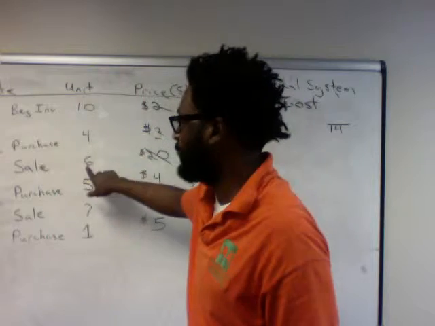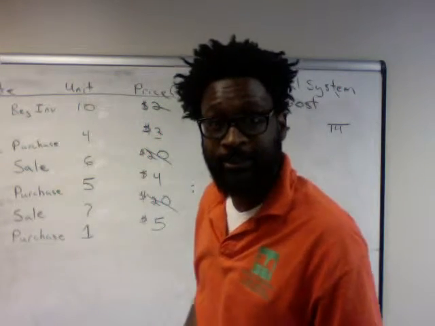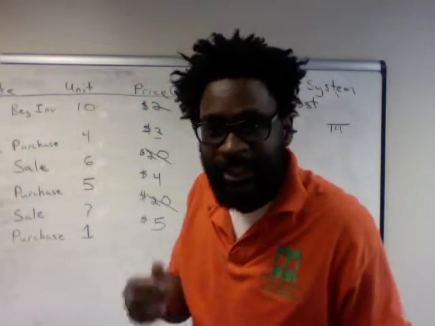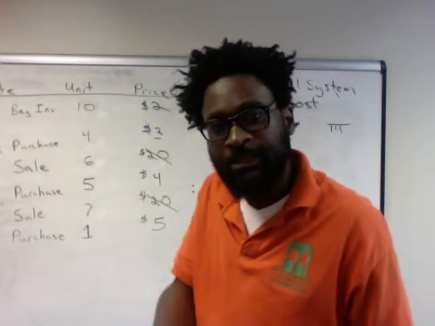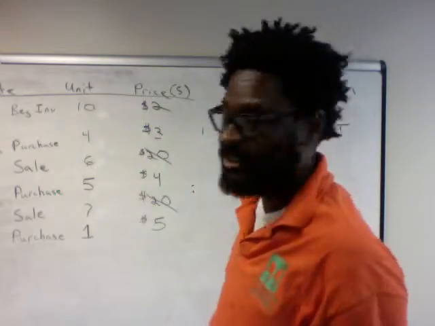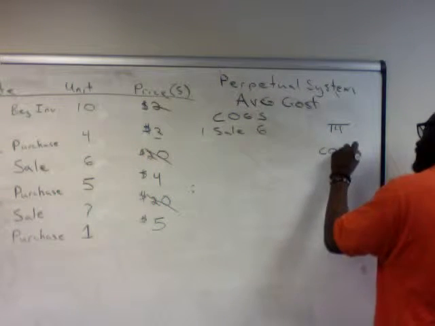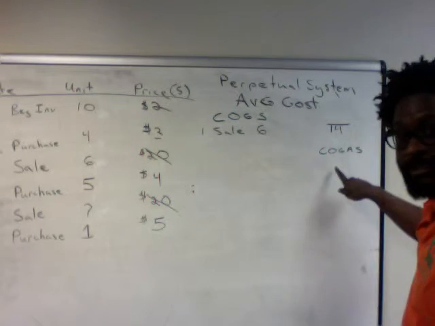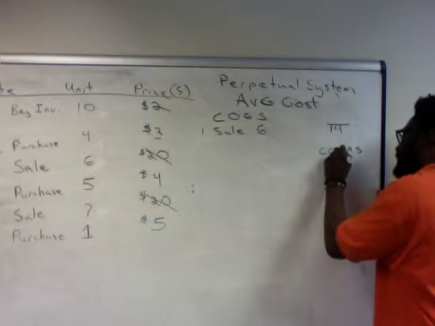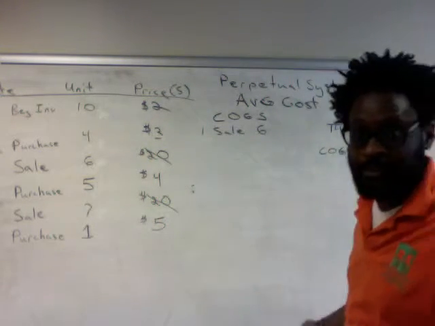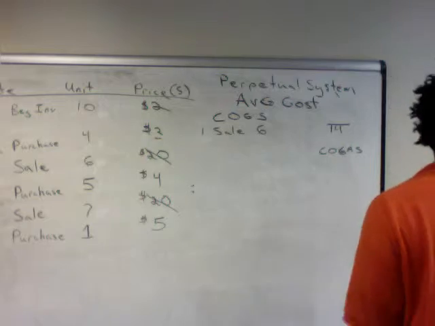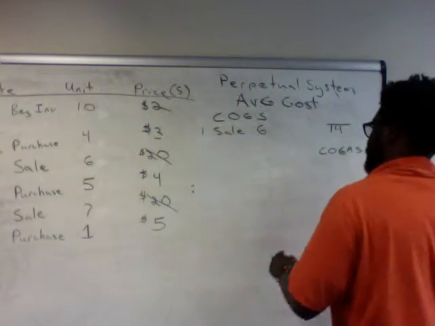My numerator for my average cost calculation is the cost, just like the candy. 14 units, now we have to find the cost of the 14. So how would you find the cost of the 14? COGAS just basically means cost of goods available for sale. So how are you going to find the cost of the 14?